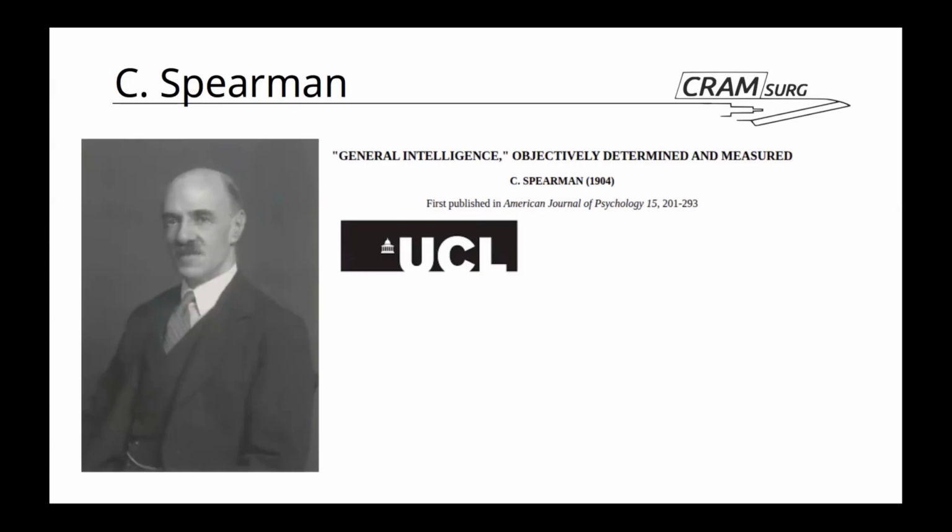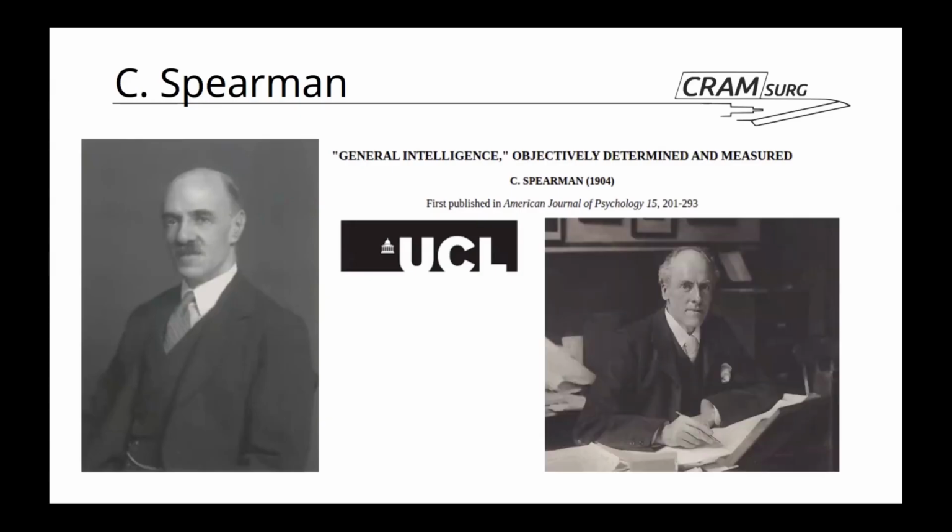He worked at UCL, and as you recall, Carl Pearson also worked at UCL. The two had a fairly troubled relationship across time. When Charles Spearman came on to UCL, Carl Pearson was already a very well-established academic.